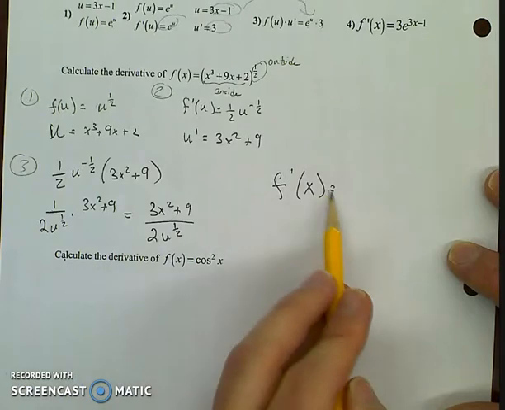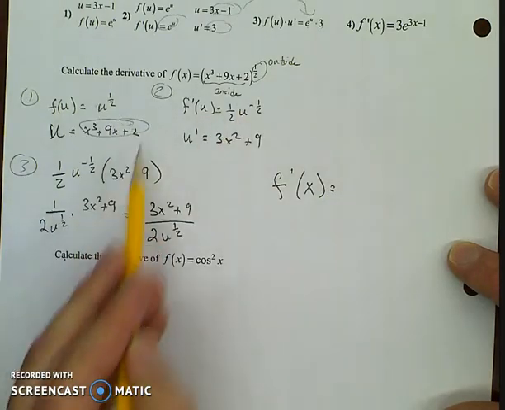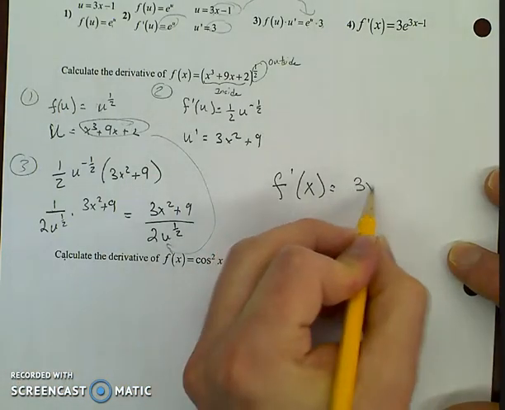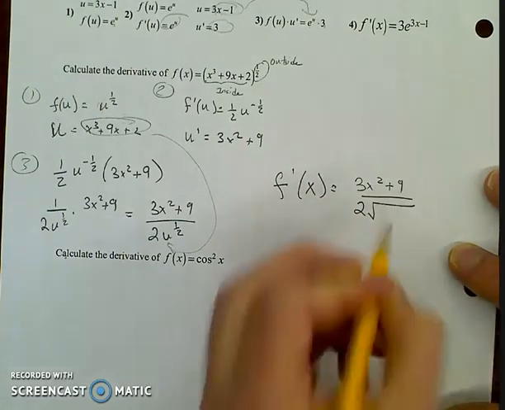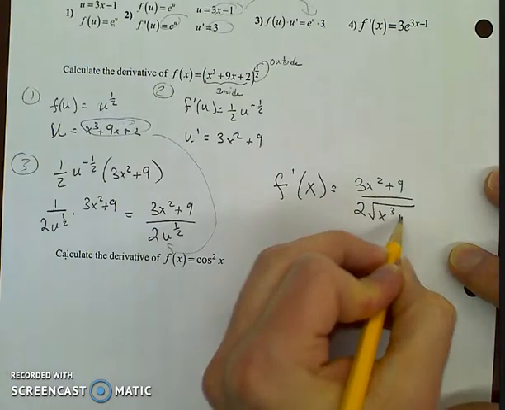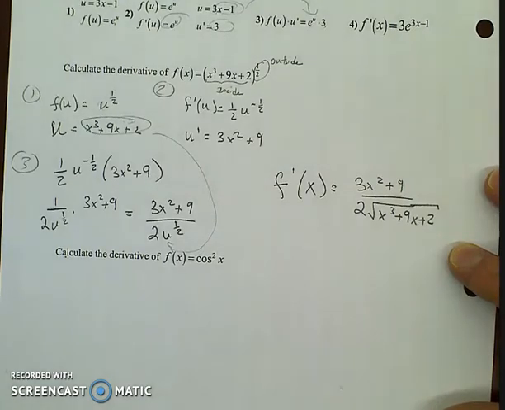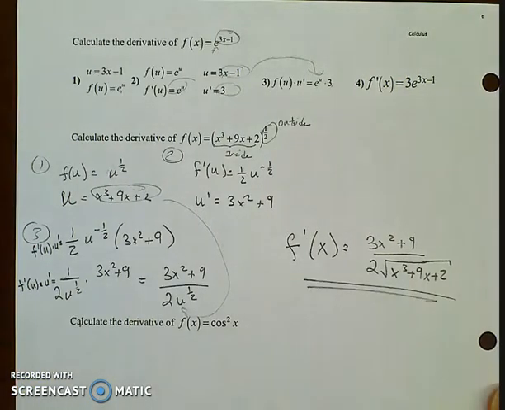F prime of x, we plug in what u was, u's here. We plug that in. 3x squared plus 9, all divided by 2, square root of what u was, x cubed plus 9x plus 2. And you're done. Notice I just paused the video. I did put in the correct notation back there just in case you wanted it. But this would be our final answer.